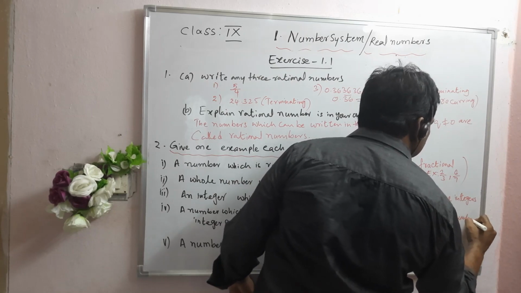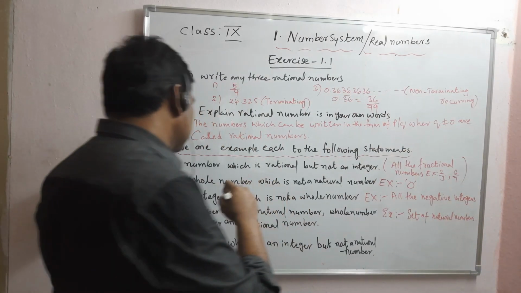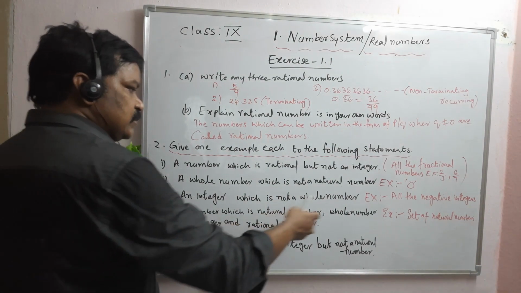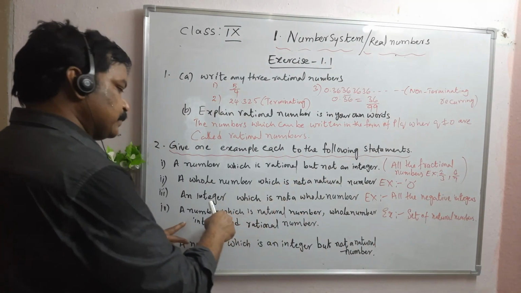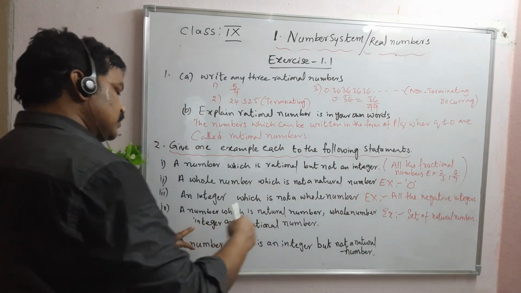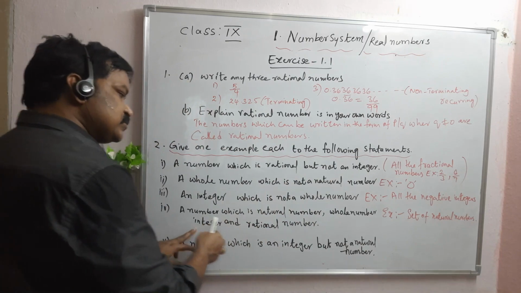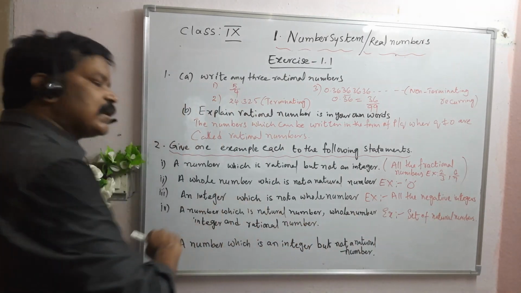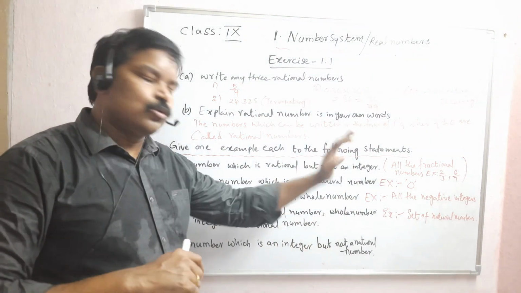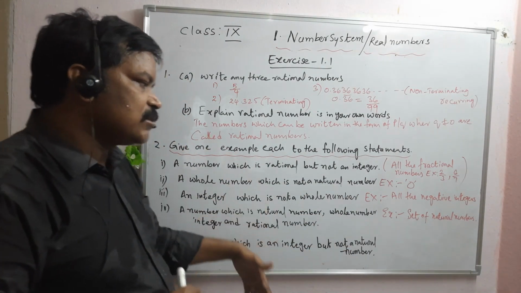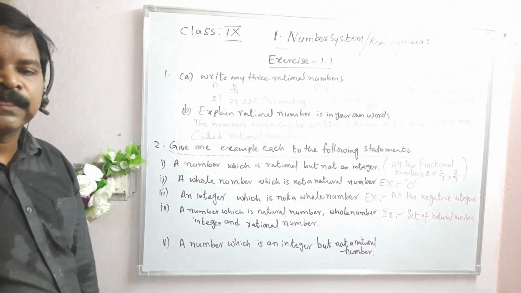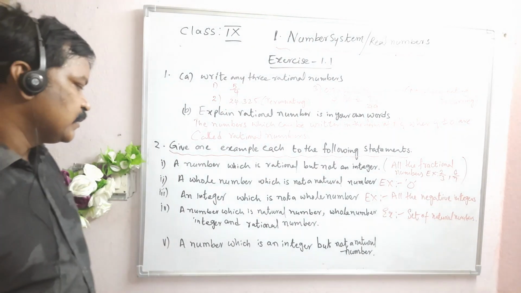I can give you a small explanation about this. Natural numbers are called whole numbers, natural numbers are called integers, natural numbers are also called rational numbers. Therefore, a number which is a natural number, whole number, integer and rational number means only the set of natural numbers. Understand, children? Right.